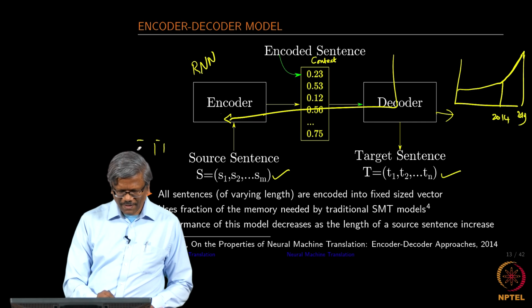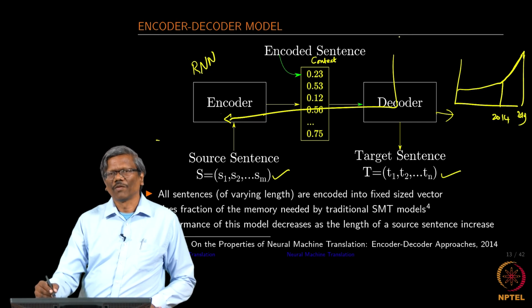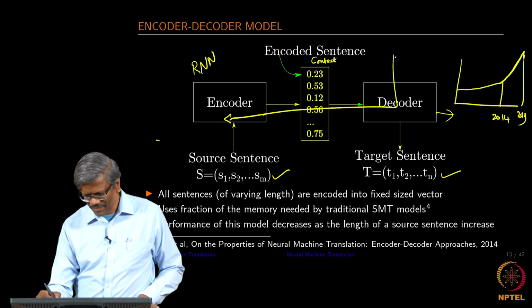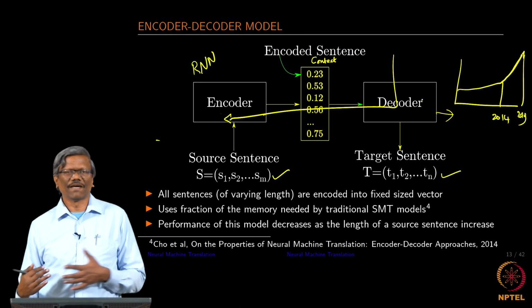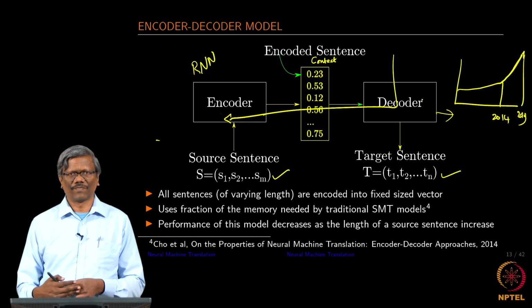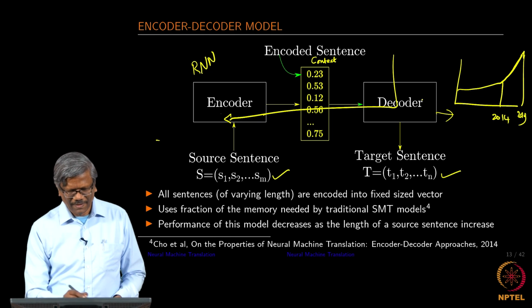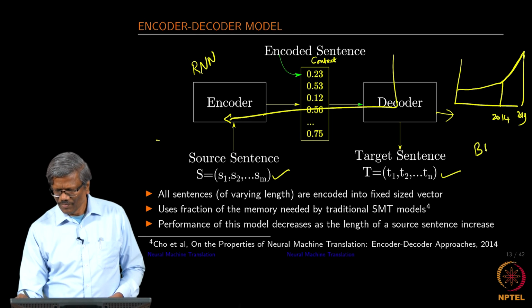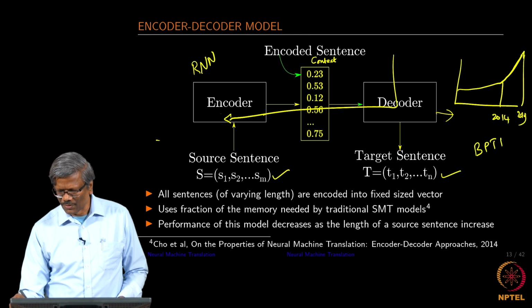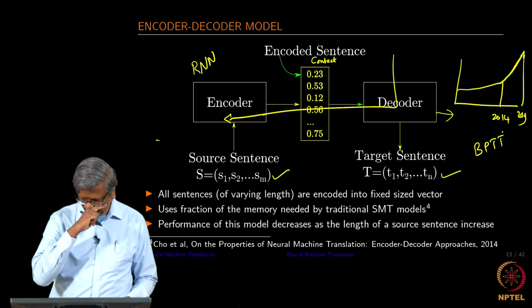Now the training has to happen because we have added the decoder part and the entire chain has to be trained. That means we are going to have a lot of parameters to update during the training process. Again, you can use the same backpropagation through time to do the job.